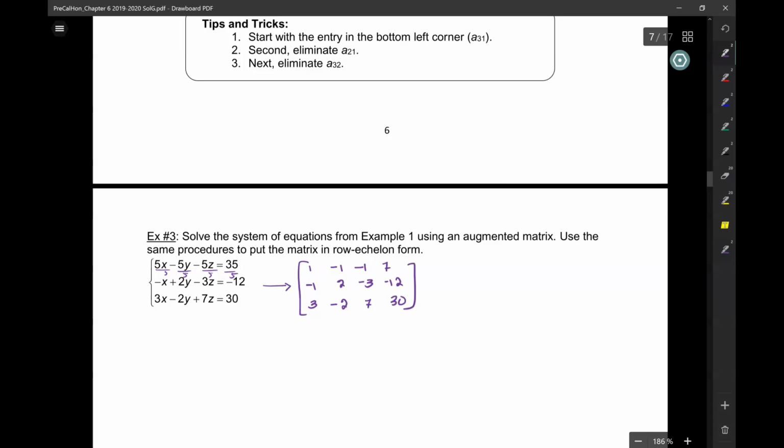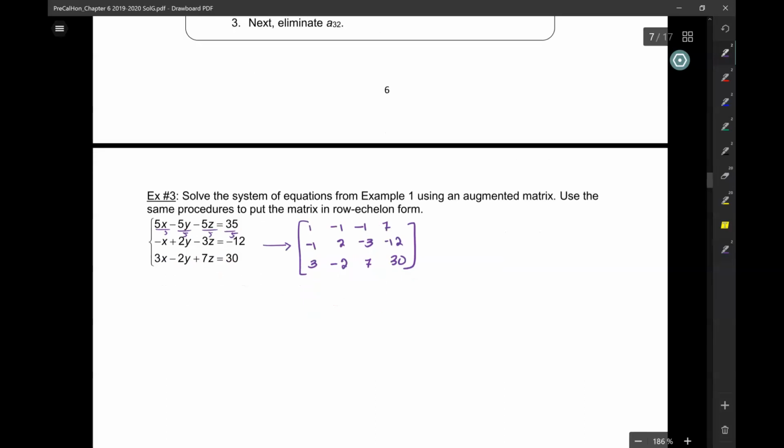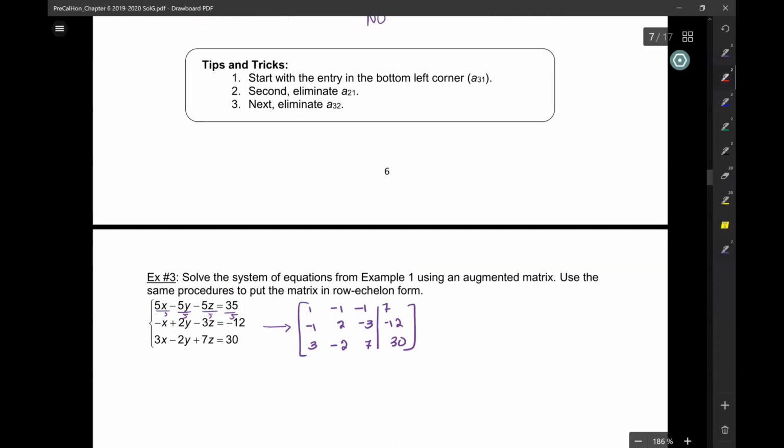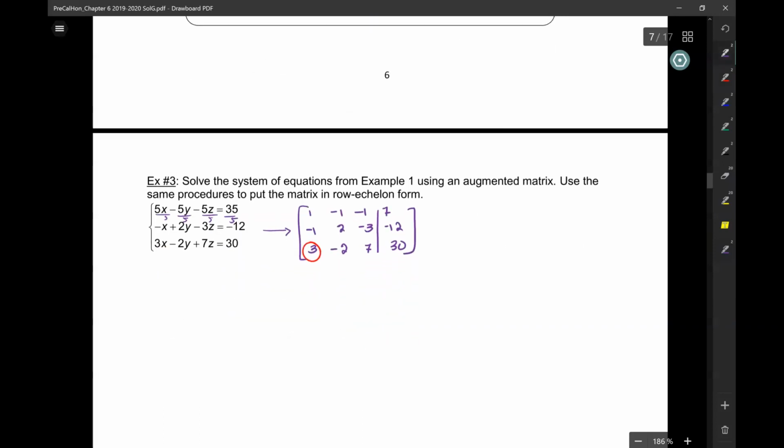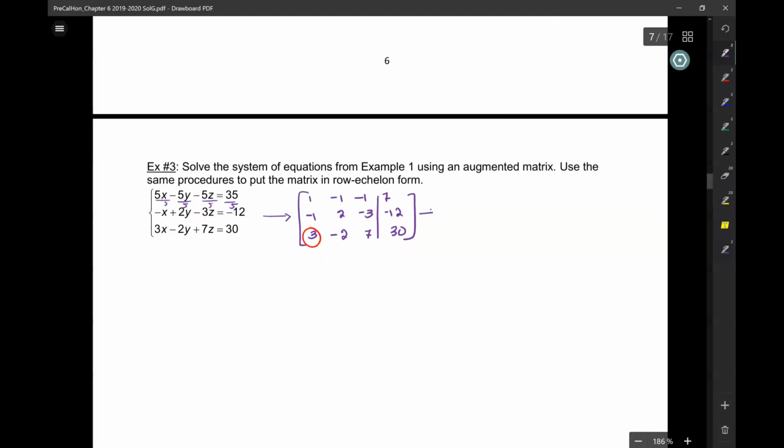Often this is where a student will make a mistake, copying it down and then it all goes wrong. It doesn't have to be a dotted line. Now, I say here to start with element A31. That's this one. If that's the one I want to get rid of, that's the row that needs to change.